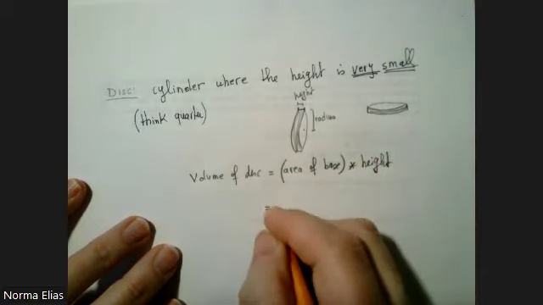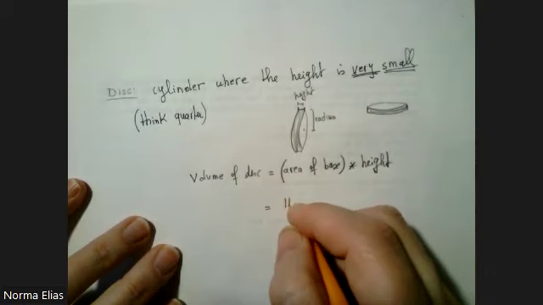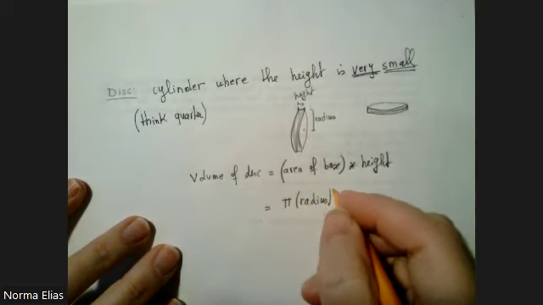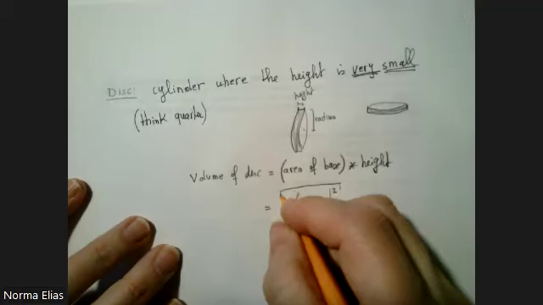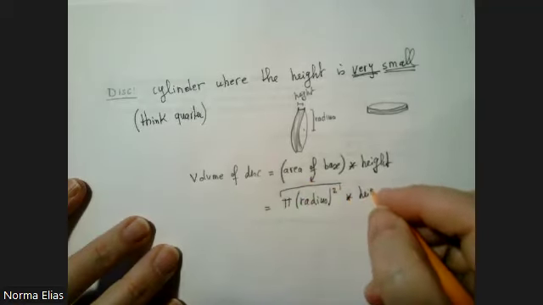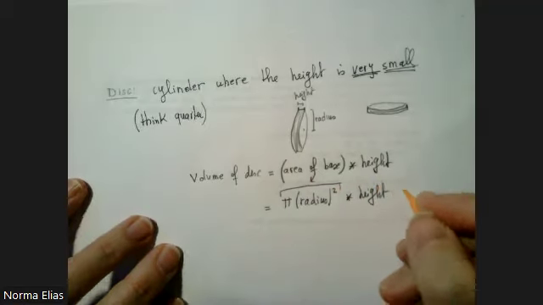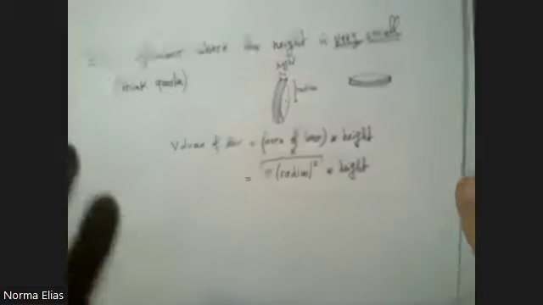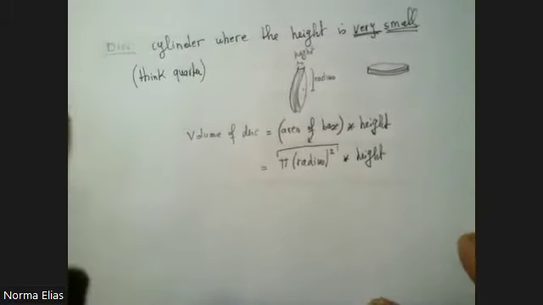It means pi times the radius squared, that's the area of the base, times the little height. So that's what we mean by the disk. It's very much like a quarter. That's right, very thin.